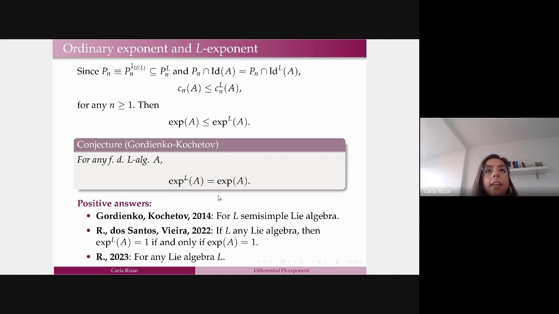The other key thing is that any L-simple algebra is actually just a simple algebra, so just matrices with an action of derivation. These two things combined give us the positive answer to the conjecture of Gordienko and Kochetov.